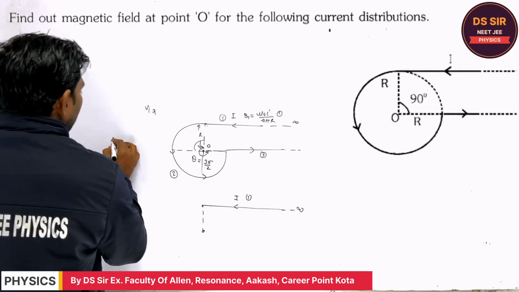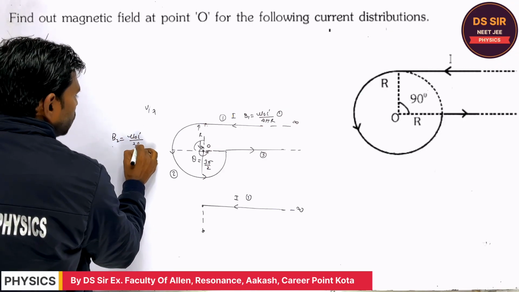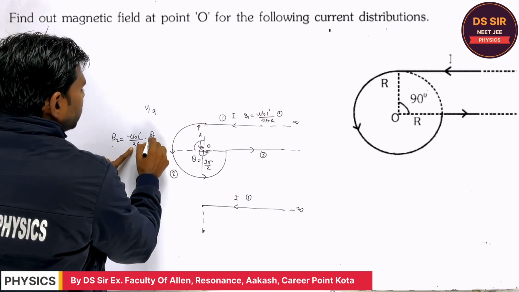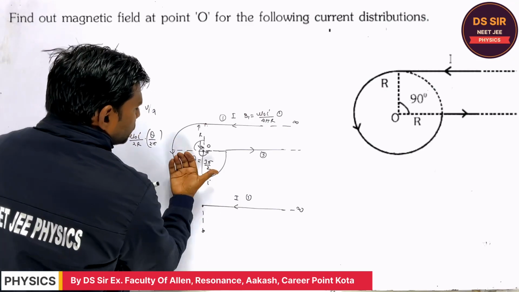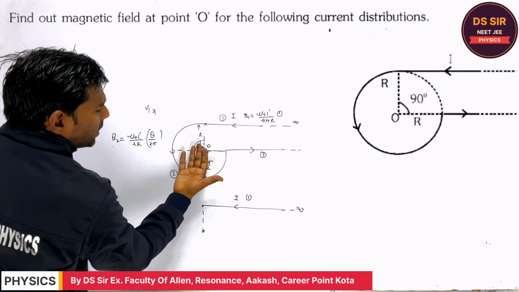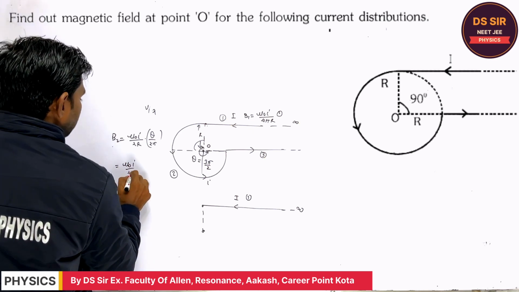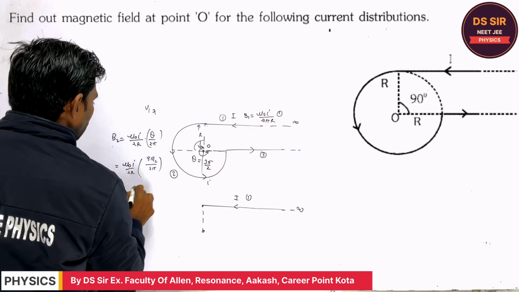So due to a circular arc, if you remember, the magnetic field is mu naught I upon 2r for the complete circle, and theta upon 2 pi of that for the circular arc. The magnetic field is out of the board. So it is mu naught I upon 2r, and theta is 3 pi by 2 upon 2 pi.